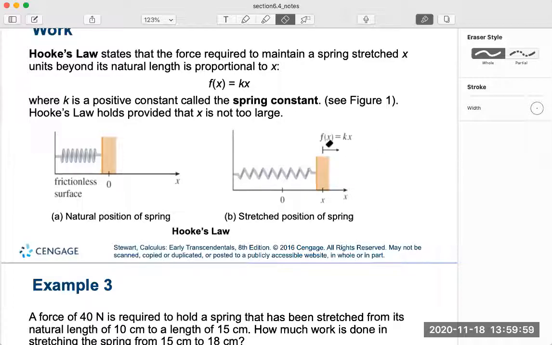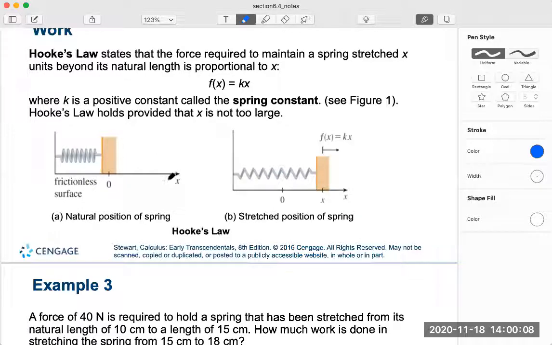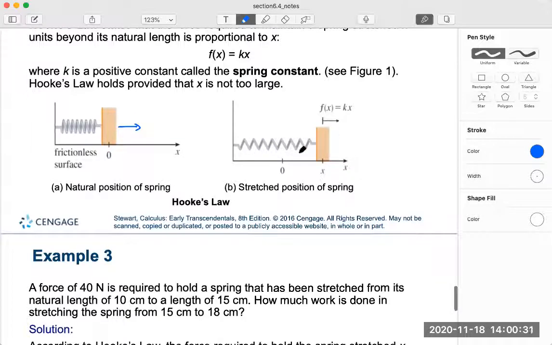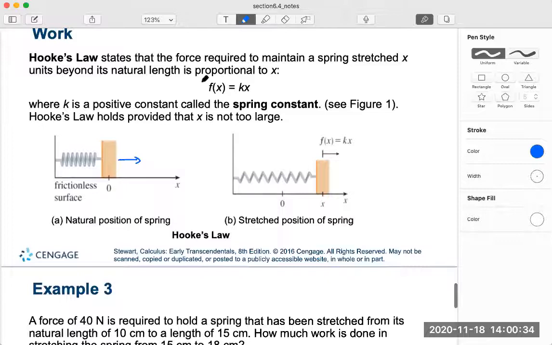If we pull this object in the positive direction, the same direction as the x-axis, like this, and it is stretched, and the displacement is, suppose, x, from 0 moving to x, then the force would be k times x, Hooke's law.